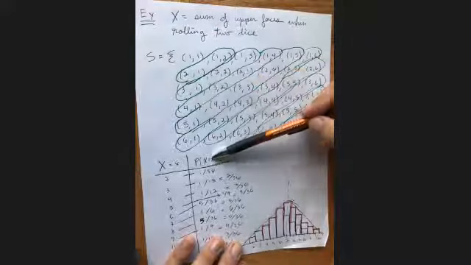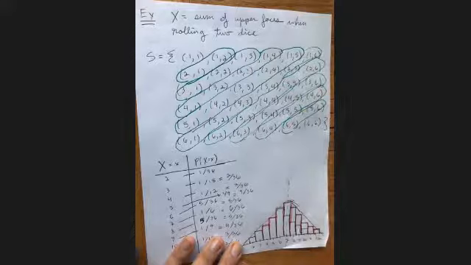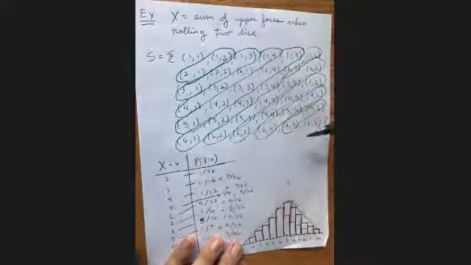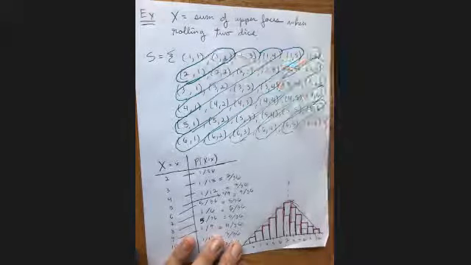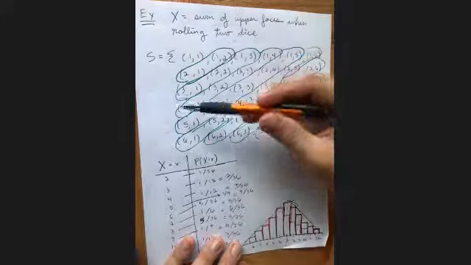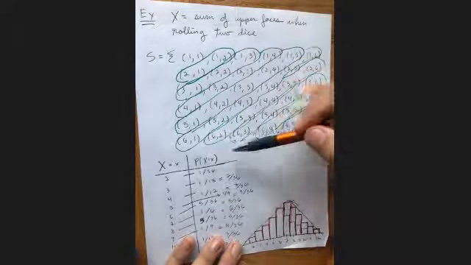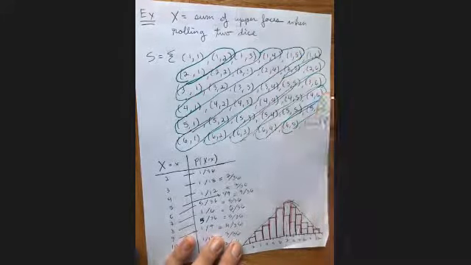And we continue this pattern all the way till the end. And so we can see that since there are 6 possibilities for the first slot and 6 possibilities for the second slot, there's a total of 6 times 6 possibilities, or 36 possibilities in our sample space.